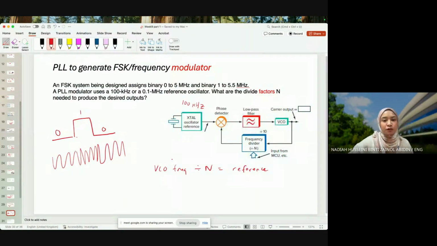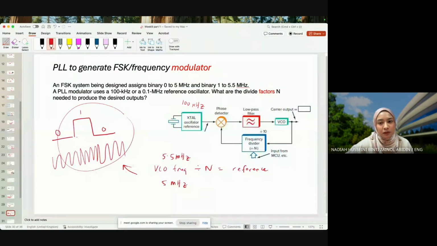My VCO frequency needs to be 5.5 megahertz and 5 megahertz to produce this scenario. What are the N values that I should use to get 5.5 and 5?